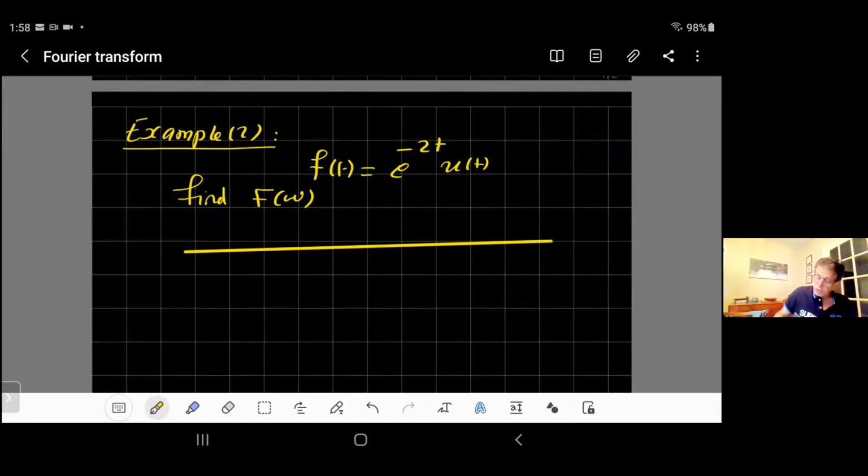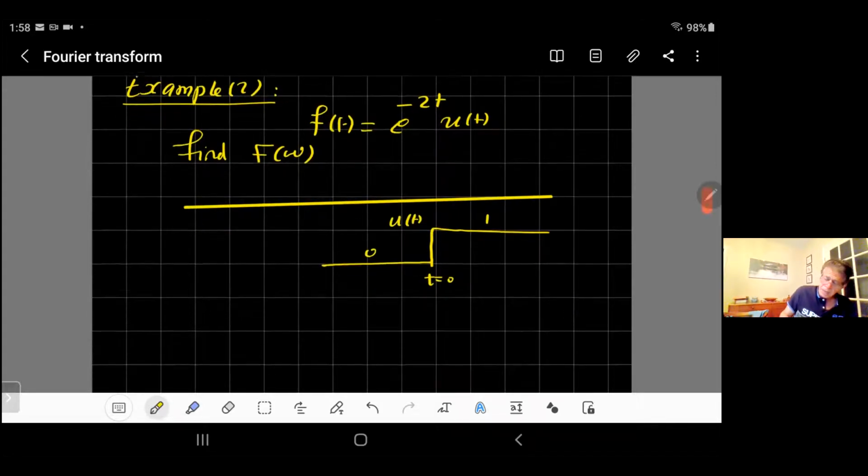But u(t), as you know, is equal to 0 if the time is less than 0. So if this is t equals 0, that's 1 and then 0. So when we multiply this step function u(t) by this function, e^(-2t), it will be something like that.